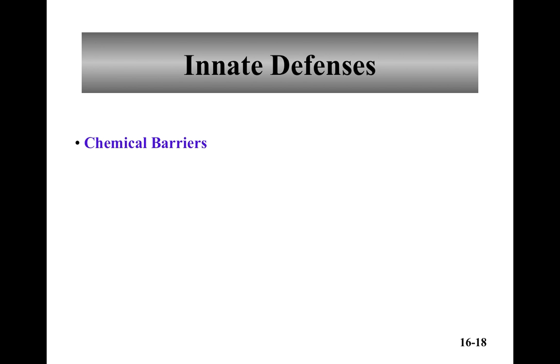interferons. So the chemical barrier for interferons are released by virally infected cells, and they bind the receptors on the uninfected cells and tell them to block the replication of viruses.